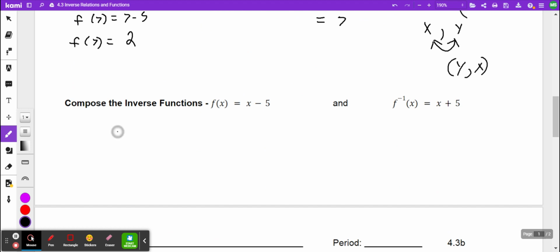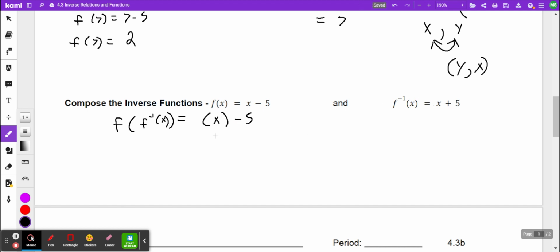So we're going to put the inverse of f into the function f. So why don't we do that? It's going to be this x. We're going to input our input into this something minus 5.